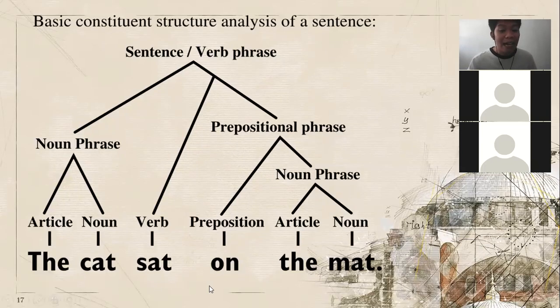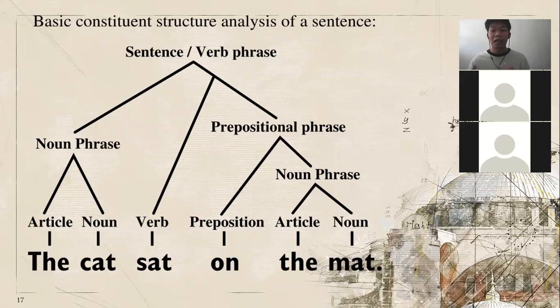For example, the cat sat on the mat. If we're going to dissect this sentence, you have the article and the noun. That makes up the noun phrase. You also have sat on the mat. Sat, verb, preposition on, article the, and noun, which is mat. That is the verb phrase. A verb phrase also contains a prepositional phrase and noun phrase.